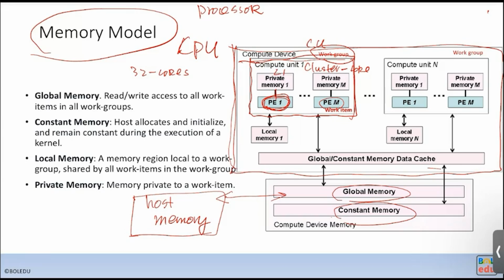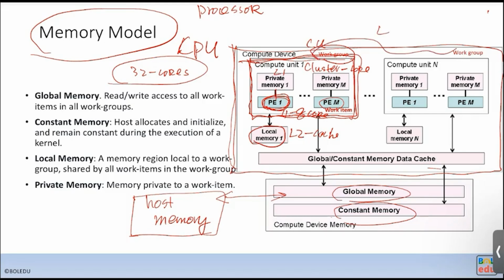For a cluster, for example, an Intel CPU may have 4 or 8 cores pointing to a cluster. For the cluster, you can think of it as a level 2 cache. So for a 32 core CPU with 8 cores in a cluster, you will have four clusters, each with a private level 2 cache. And then you have a level 3 cache.